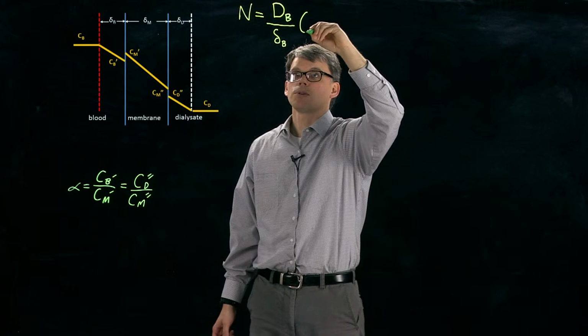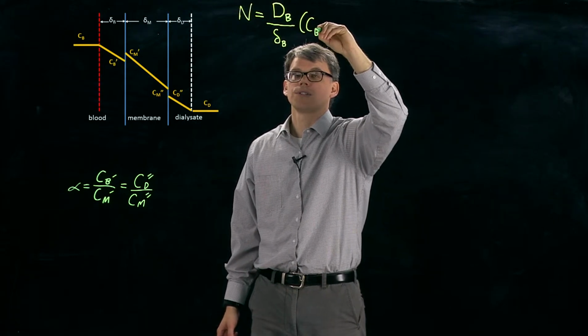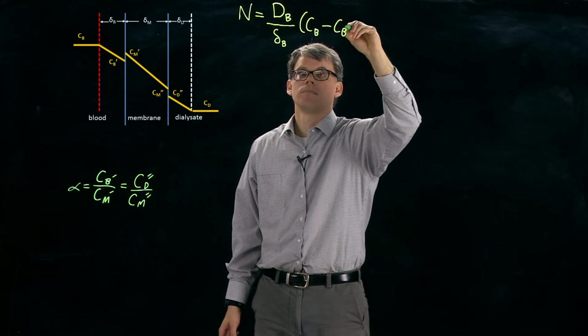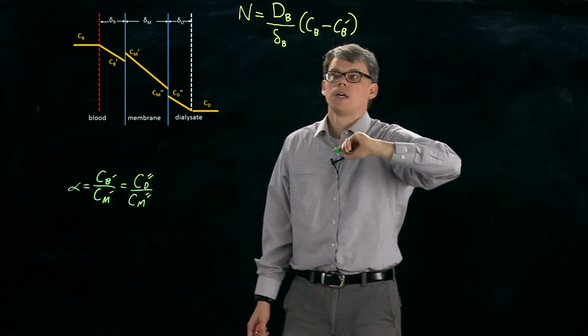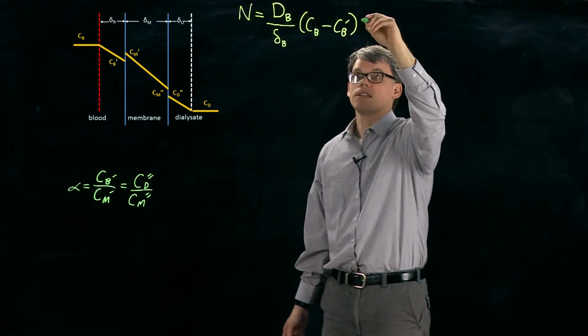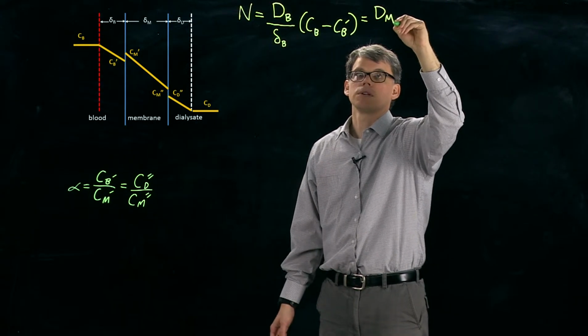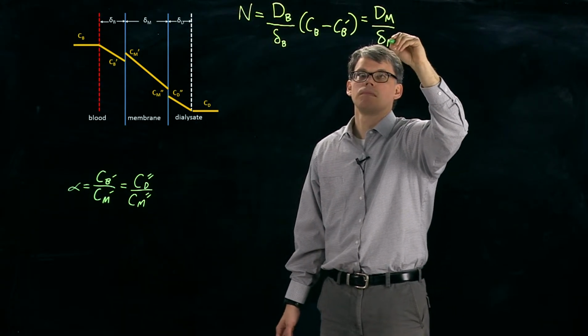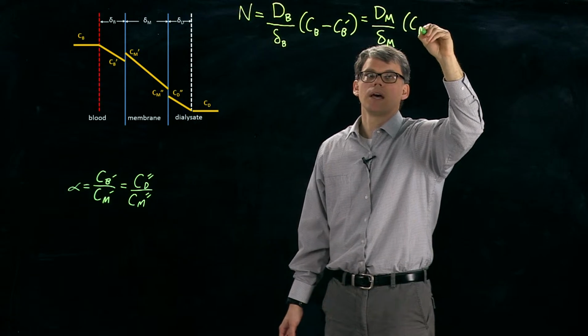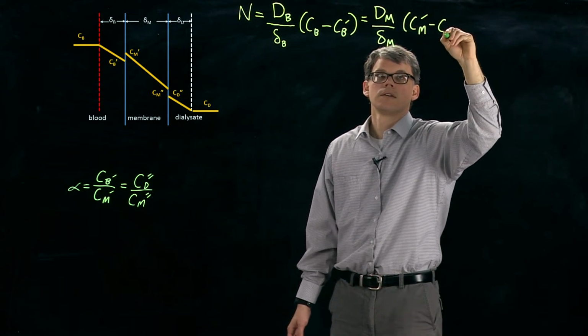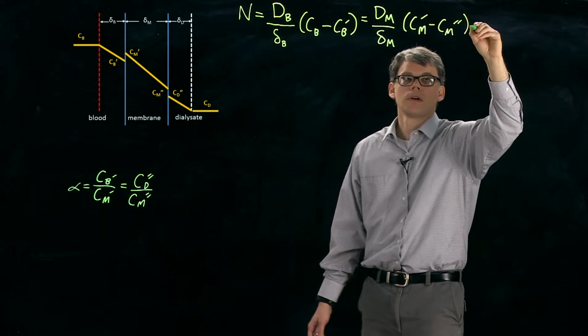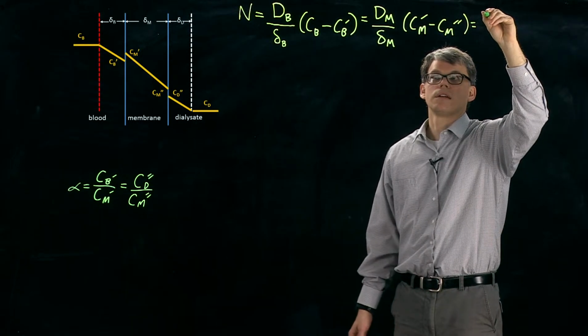And then it's proportional to the concentration gradient. So because we have a condition of steady state, the flux through all three regions must be the same. So we can write a similar equation for the membrane and for the thin film of dialysate.